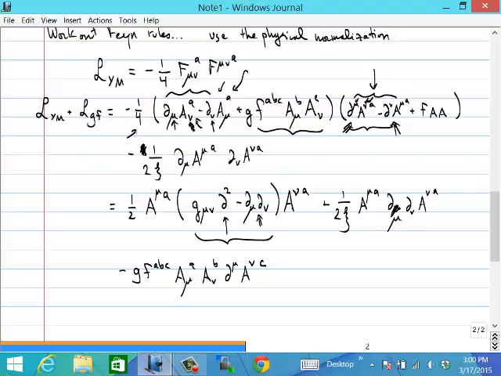And then finally, you have the terms that involve no derivatives and 2 copies of the structure constant. So these give you an interaction that is quadratic in the coupling constant G, and you get an f^{ABC} f^{CDE}.